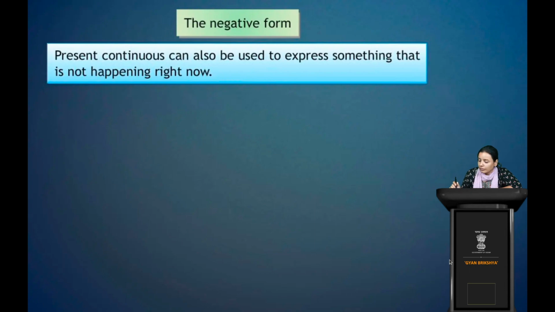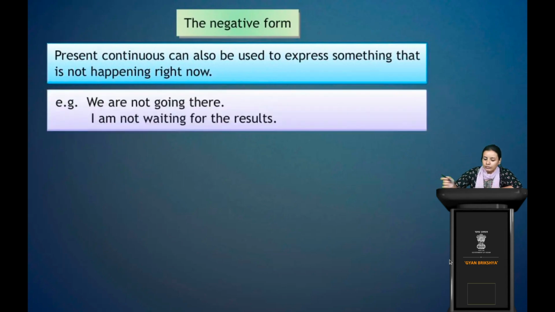So now see, not is highlighted because see the example, we are not going there. The negative word can be included in a present continuous sentence, but that doesn't make any difference, right? So we can also say I am not writing for the result.